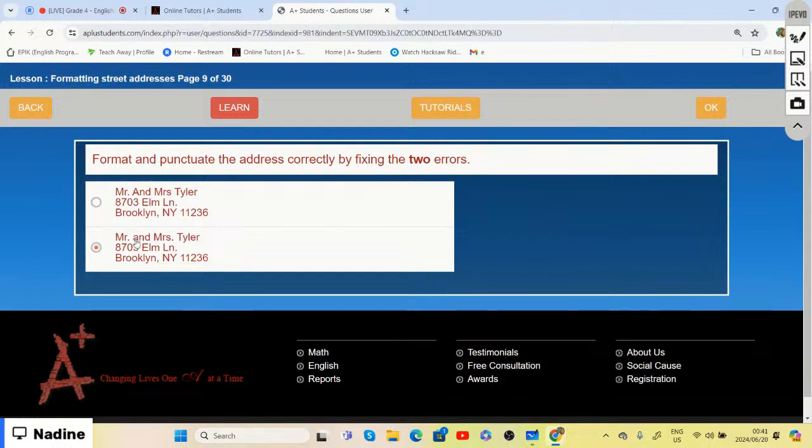So option two is correct again. And the two errors that we have identified in option one: since Mrs. is shortened or abbreviated, we need to put a period after Mrs. So we need to select the correct one and then identify the errors in the other option.